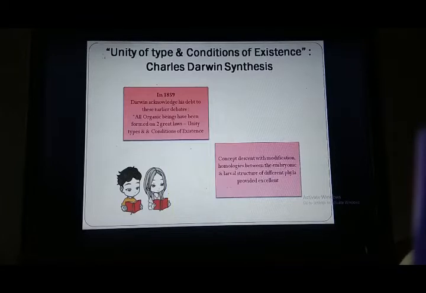And the other view, championed by Etienne Geoffroy Saint-Hilaire and Richard Owen, was the unity of type.